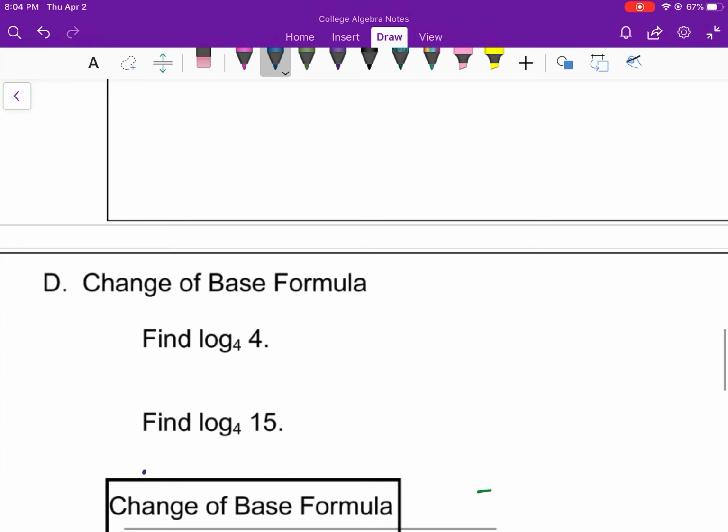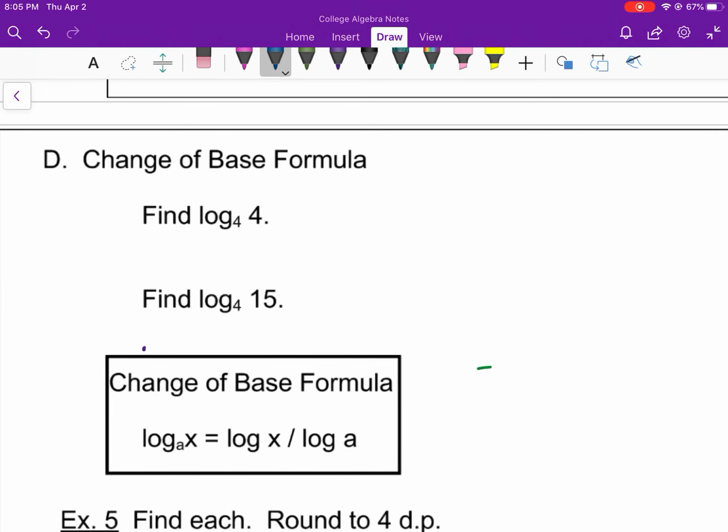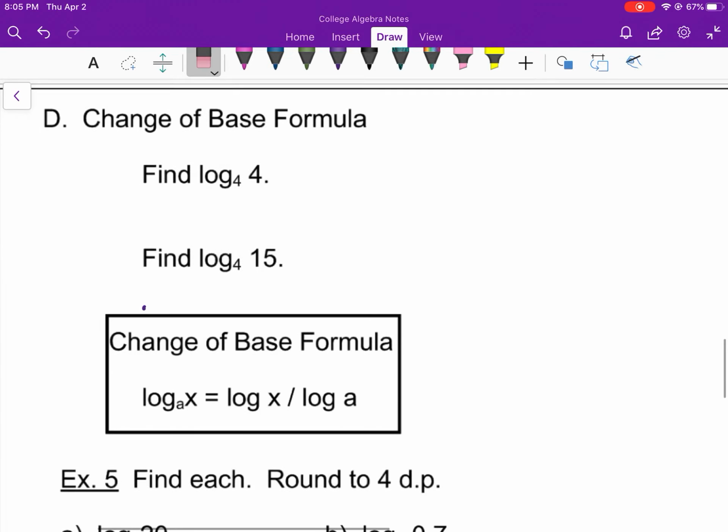The last thing we have here is called the change of base. With change of base, we're going to be able to find a decimal value for a log with any base. So the idea starts with, okay, if I know log base 4 of 4 is 1, and that's from one of the rules that we had in lesson 4.3, because 4 to the first is 4.